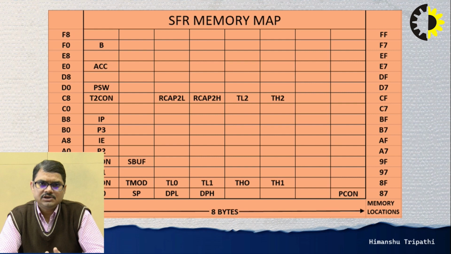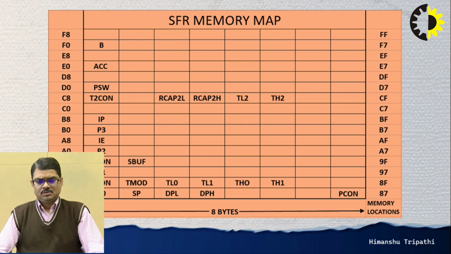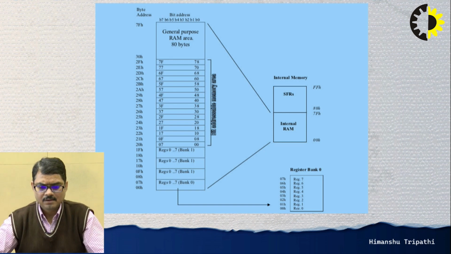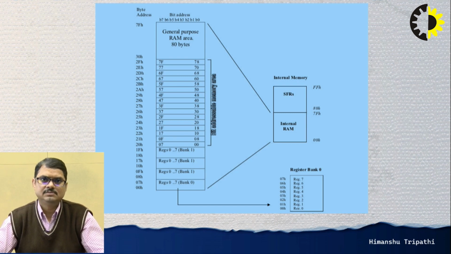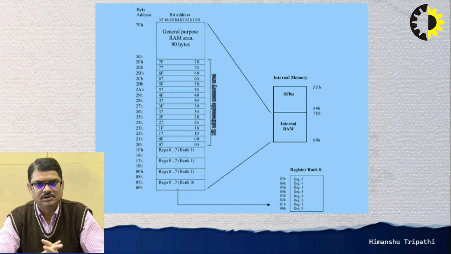Otherwise, we can use the B register in some other general purpose operations. Practically it is possible, but generally we avoid using the B register for general purpose operations. One more important thing is the register bank that is activated by default when we power on the 8051 microcontroller.